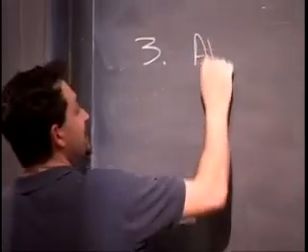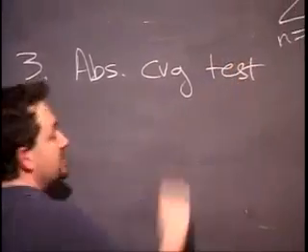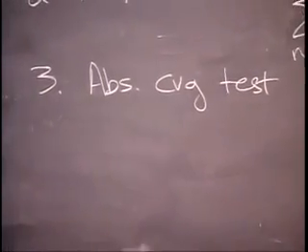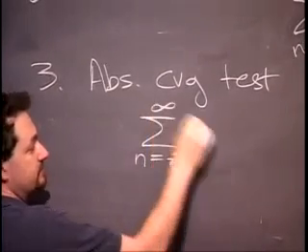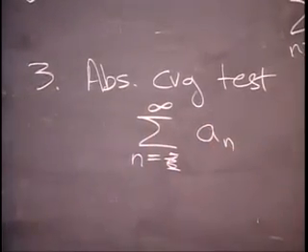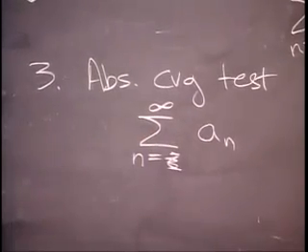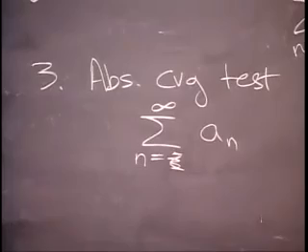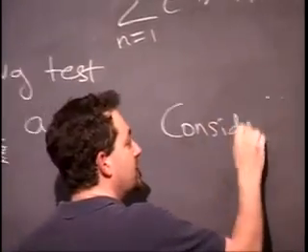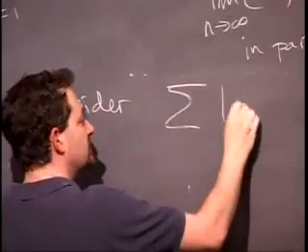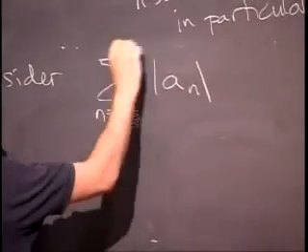So this is likely the same or very similar in series and integrals. Here's what it says. Suppose you have a series that you're interested in, where now the a_n's are positive for some n's and negative for the others, or 0. Consider this series, but all you do is take absolute values of each term.